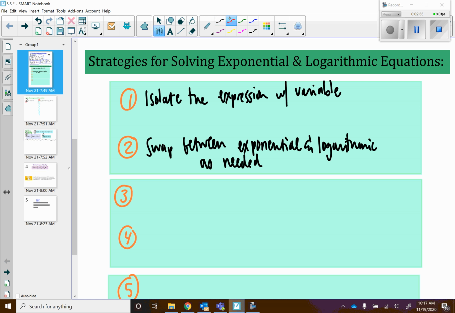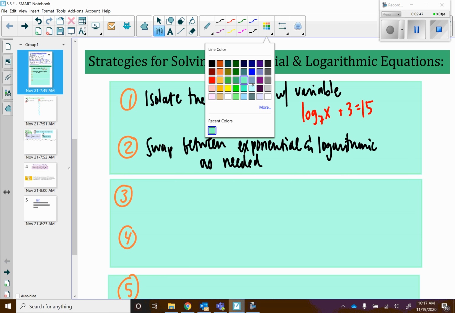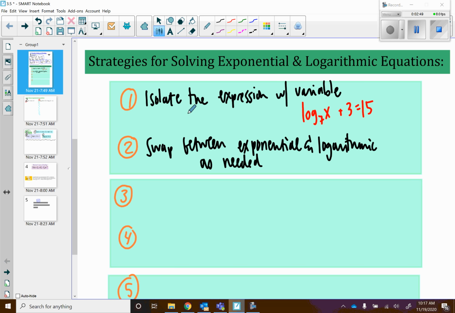Let me give you an example of what these steps might look like. If I had log base 7 of x plus 3 is equal to 15, well, for the first step, isolate the expression with the variable, we'd start by moving the 3 over, right?